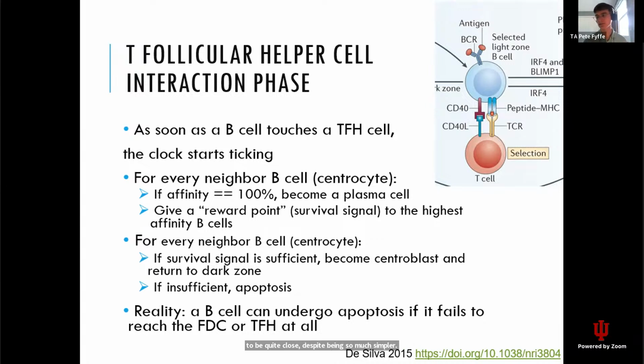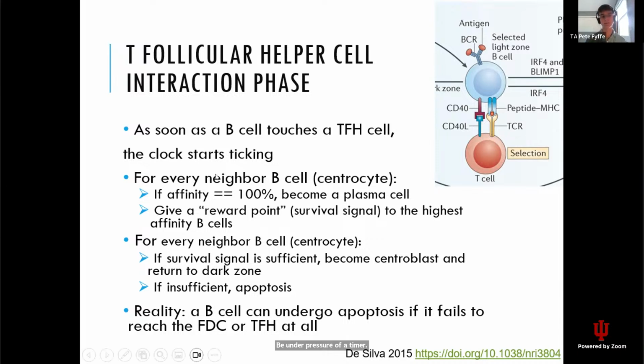In addition to the FDC phase, we're going to have the B cell bump into a T cell, and on contact, the B cell is going to be under the pressure of a timer.